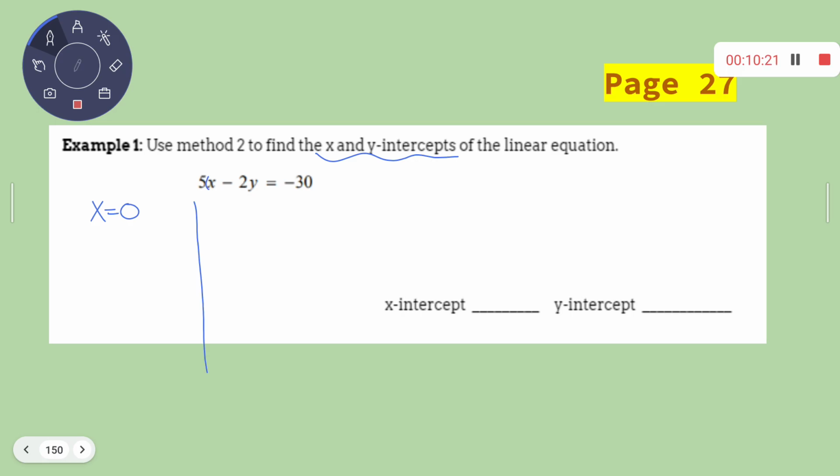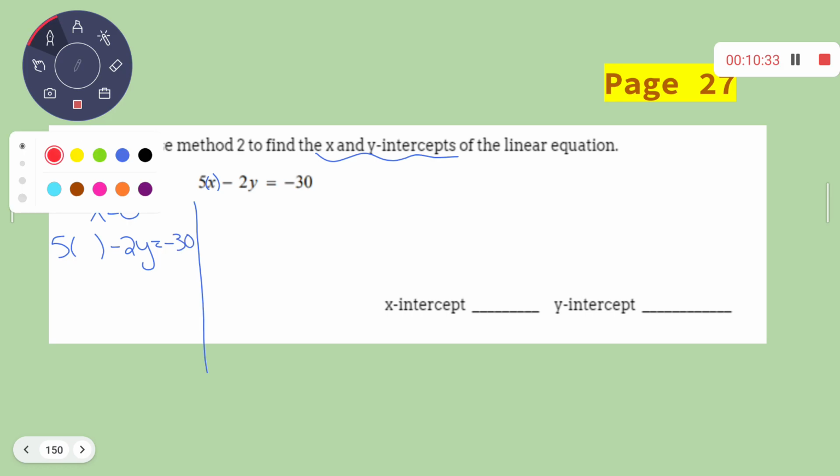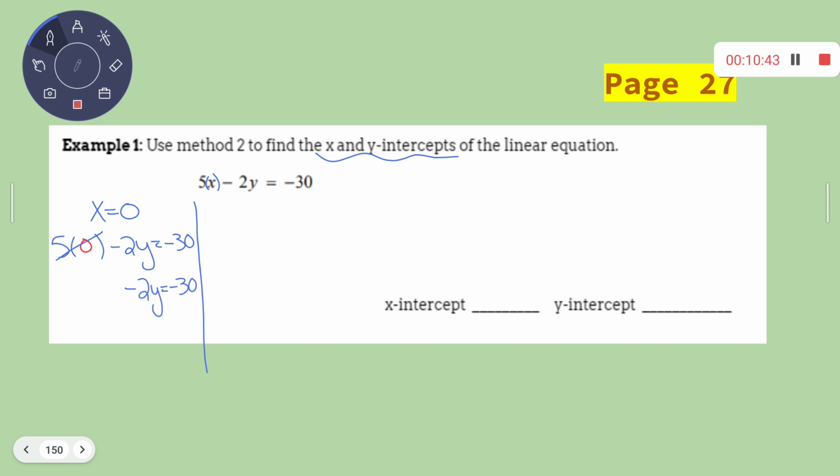So that means I'm going to replace the x in this equation with the 0. Again, I'm going to copy the equation, except where the x is, I'm going to throw out the x and put in a 0. And then I'm going to say, hey, 5 times 0 is just 0. So this is really just negative 2y equals negative 30.